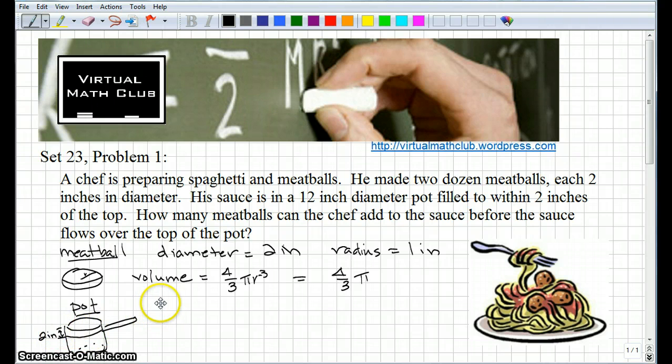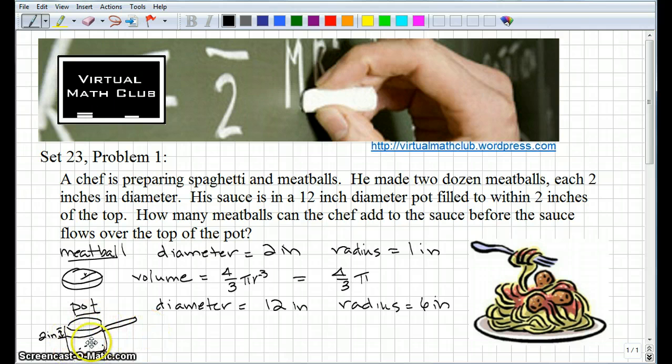And we're told that the diameter of the pot is 12 inches. So that means the radius is 6 inches. So what we really are concerned with here is the volume of empty space.